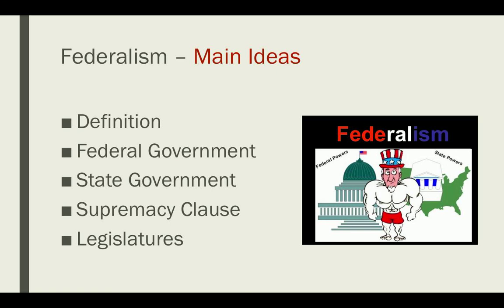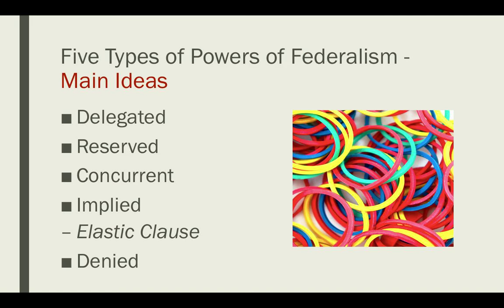Okay, so they're a little bit different in what they do, and there's two different levels of that. Now, this is where it gets a little complicated. When we look at the powers of federalism, there are 5 types of powers. First, delegated. Delegated powers are those that are specifically given to the national government.